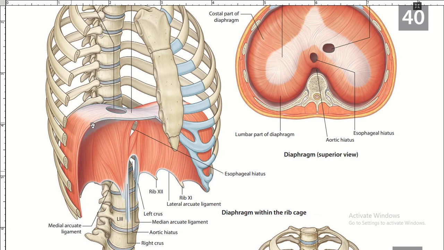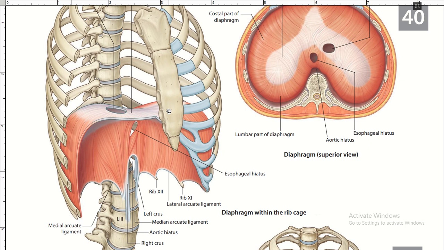Right upper border of the 5th rib, left lower border of the 5th rib. That's why we say any penetrations below or within the 4th intercostal space are more likely to affect your diaphragm, because that's where your diaphragm will be ending, right?